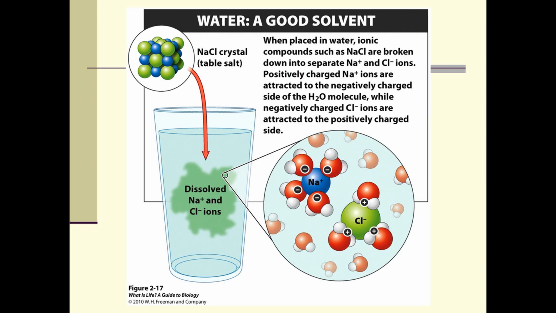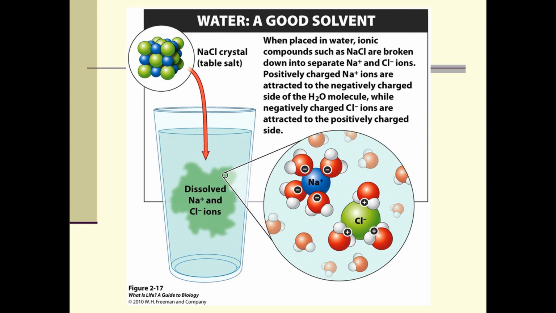That ionic bond will be disrupted, and we'll see what are called hydration shells. So this is positively charged. It's going to be surrounded by the negative oxygens. Chlorine, as an anion, is negatively charged. It will be surrounded by the hydrogens. So like dissolves like. What that means is, if we have fat, it is nonpolar. And if we need to transport that through our body, the rest of our body is polar, we have an issue because the fat won't dissolve in the water.